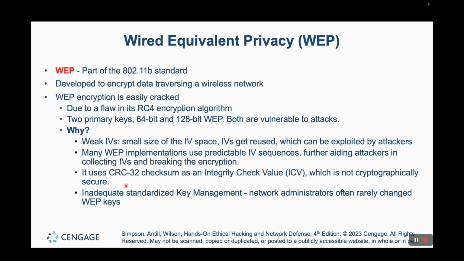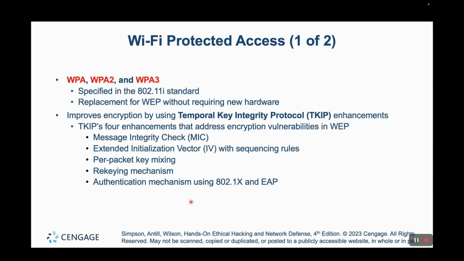It uses a CRC-32 checksum as an integrity check value, ICV, which is not strong protection. Also, the other issue is inadequate standardized key management because the users or the network administrators rarely change the setup or the key.